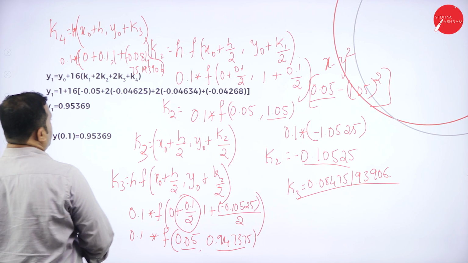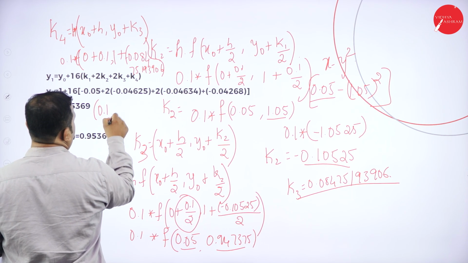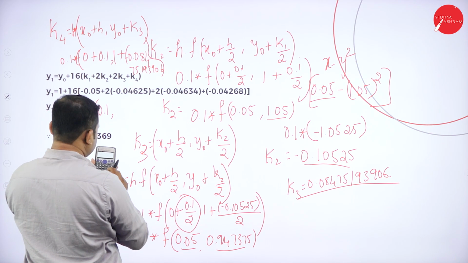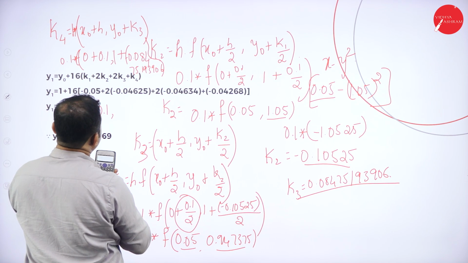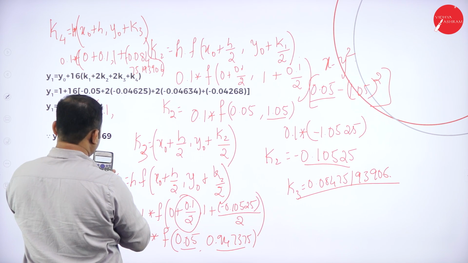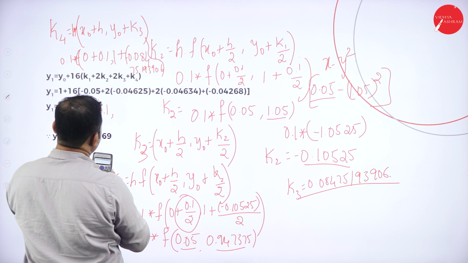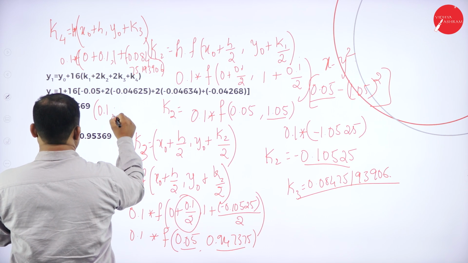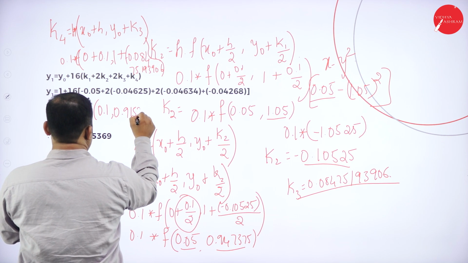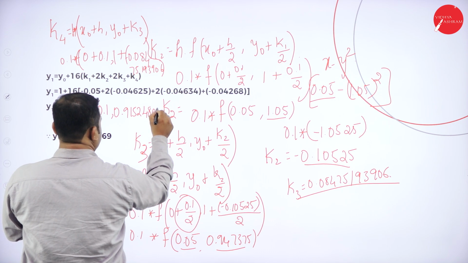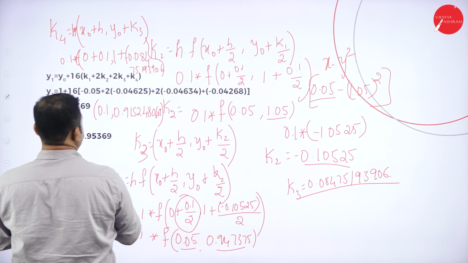If I further simplify this, I'll get 0.1, comma, this term, that is 1 plus this term, that is equal to 1 plus 0.08475193906. That means 0.9152480609. That is this value.